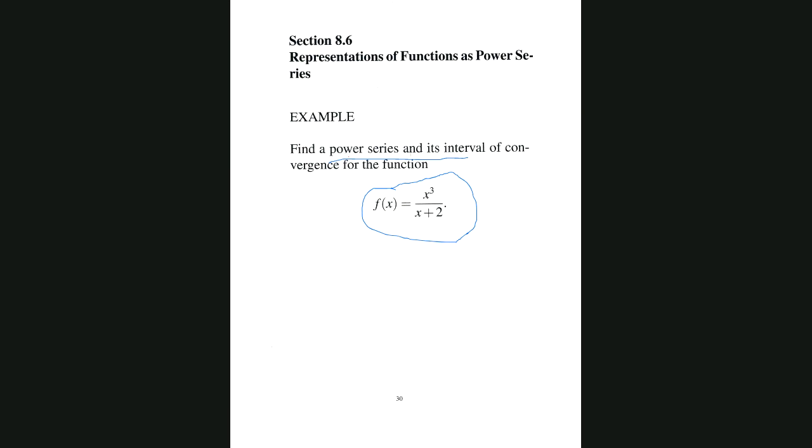Okay, so again, here we have another rational function, x cubed over x plus 2. And what we want to do is manipulate this rational function so that we can use our Apple formula.